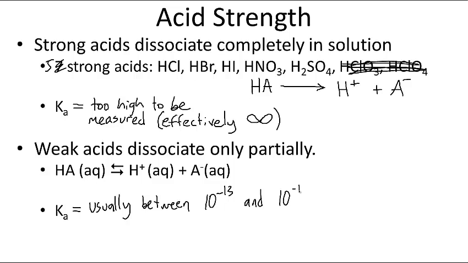I wish the terminology wasn't what it is. I wish we actually used some better terms for this. But when we say strong acid, we mean super duper infinitely strong acid. And when we say weak acid, we mean any acid that's not super duper infinitely strong. So it's like, Superman would be strong, and everyone else on Earth would be considered weak.